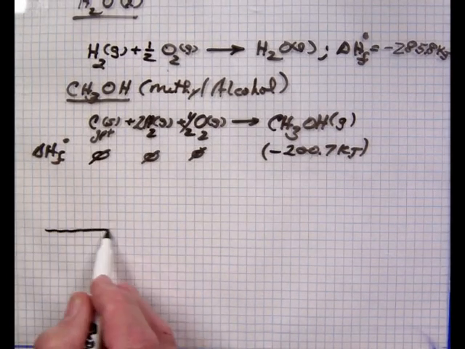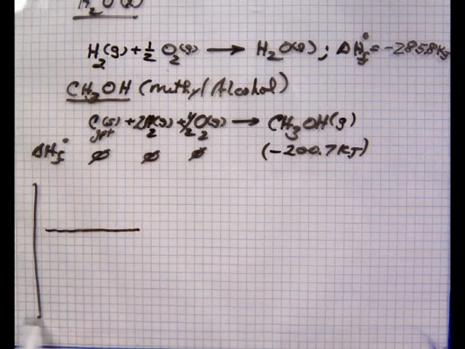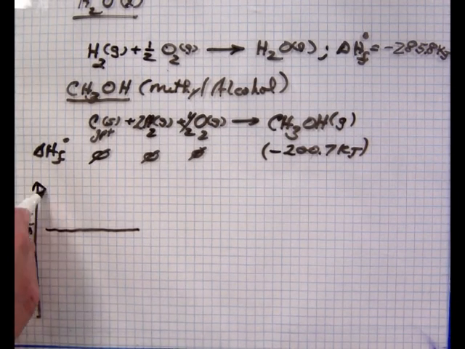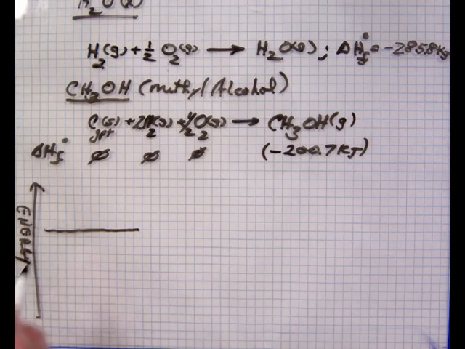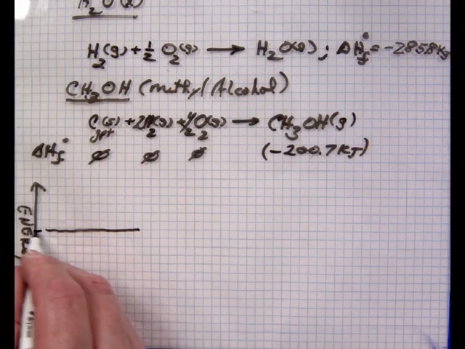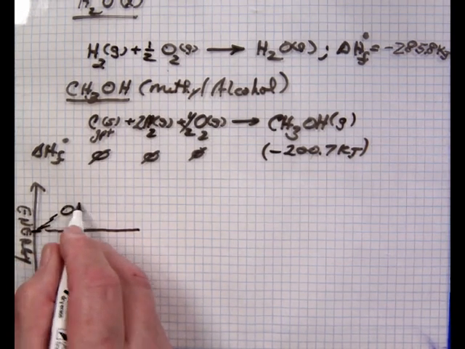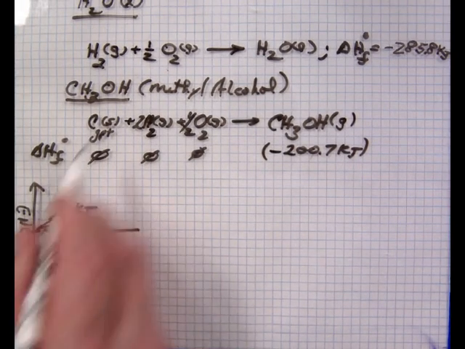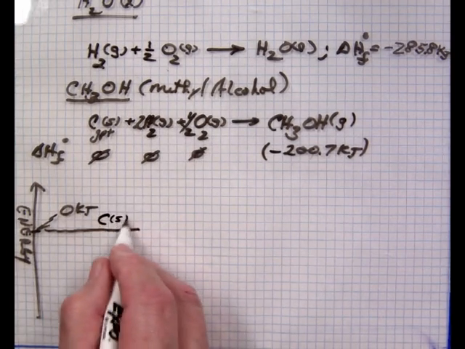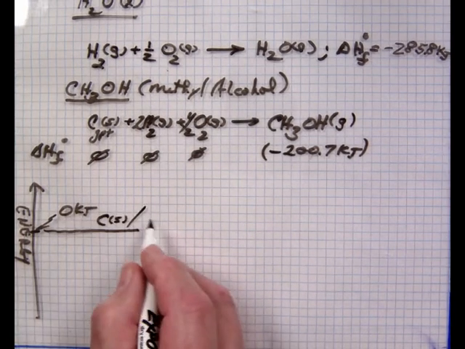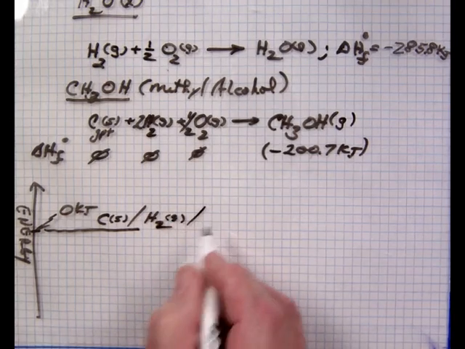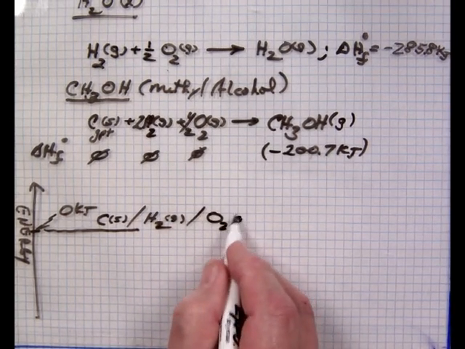If we have an energy line increasing, going up right there, and this just happens to be the 0 kilojoule mark, well, on that plateau you will have carbon as graphite, your hydrogen in gas form, and your oxygen in its standard state.